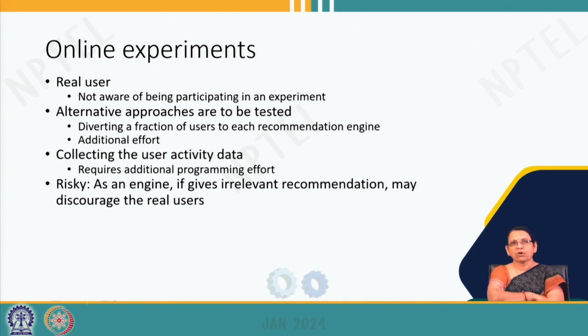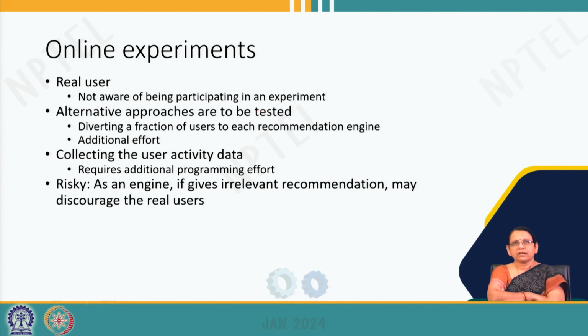So what you have to do is create two versions of the recommendation engine, possibly using the algorithms that you are trying to adopt. So, programming wise you need additional effort to do so.